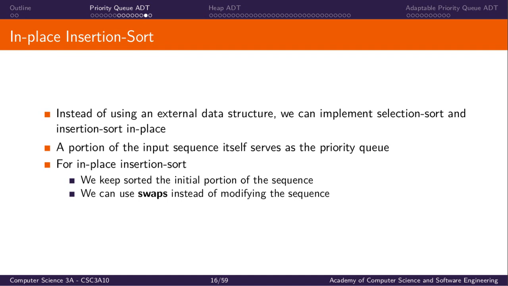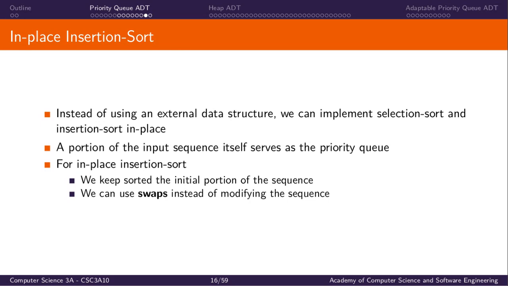And so we are now simply keeping the left part of that sequence sorted, as the left part of it represents our priority queue. Note as we move our cursor from left to right, the initial sequence is getting smaller and smaller. The part to the left of it, which represents our priority queue, is getting larger and larger. So that allows us to do an insertion sort in place without needing to have 2 different data structures.